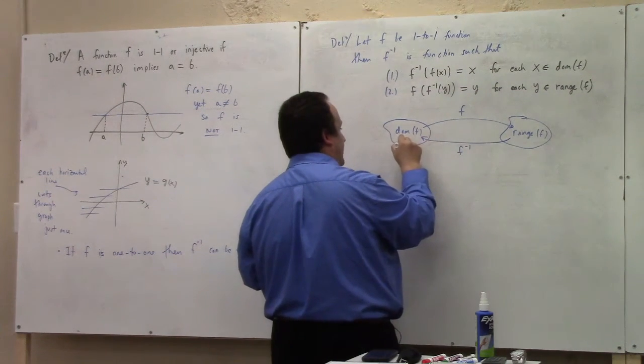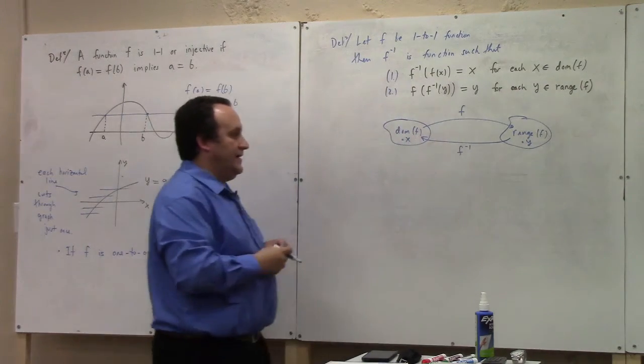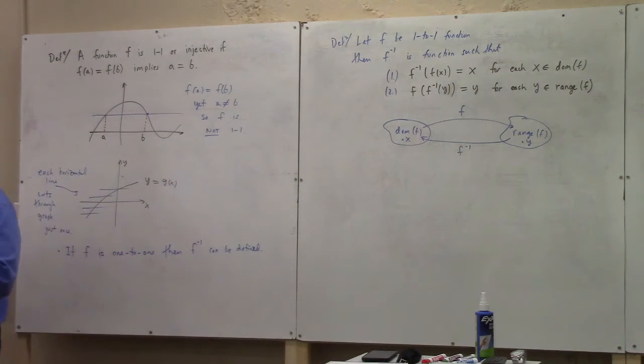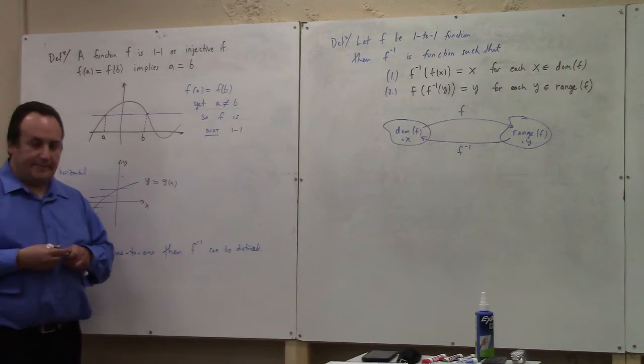I think about x being over here, I think about y being over there, and f goes from the domain to the range, and f inverse goes back from the range to the domain. That's all there is to it. So how do you calculate the formula for the inverse is what you want to know, right?